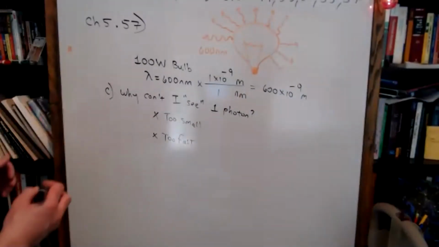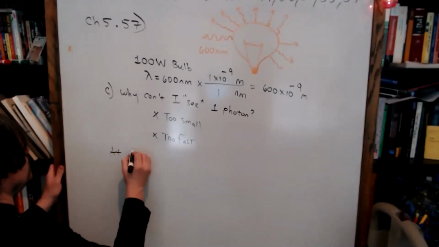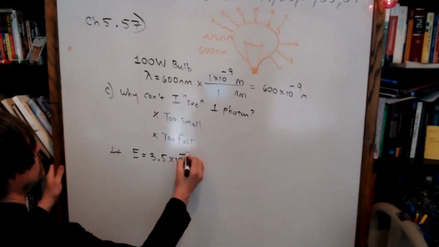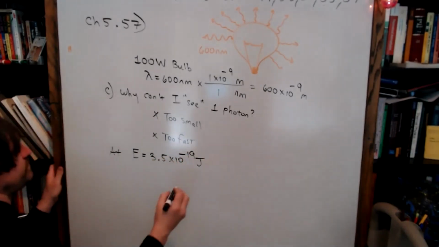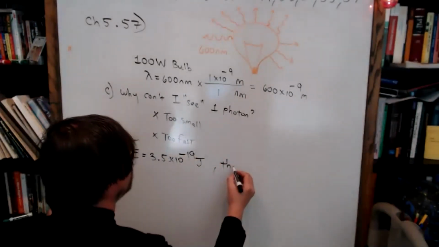The problem is that a photon has an incredibly small amount of energy. So we could say that at an energy of 3.5 times 10 to the minus 19 joules, it's not about speed or fast or small.